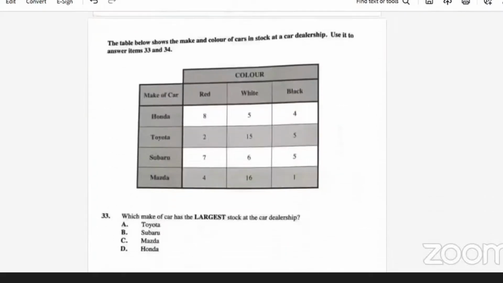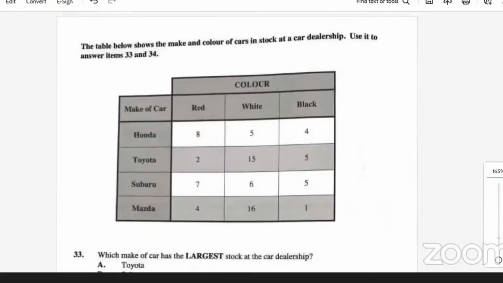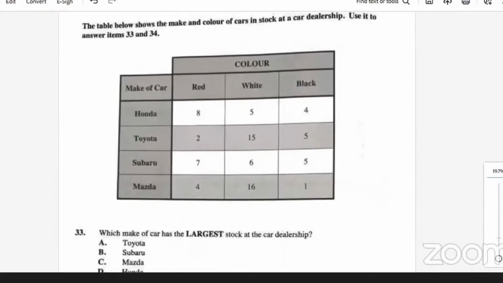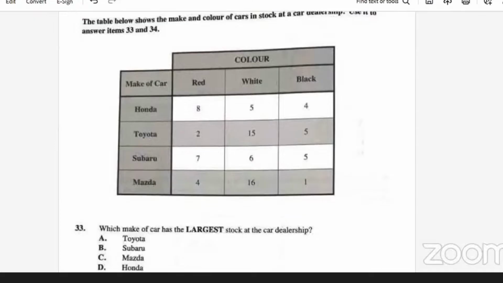All right, let's get to the next question. Let's make this a bit bigger, just to make sure that everything is on the paper at the same time. The table below shows the make and color of cars in stock at a dealership. Use it to answer items 33 and 34.